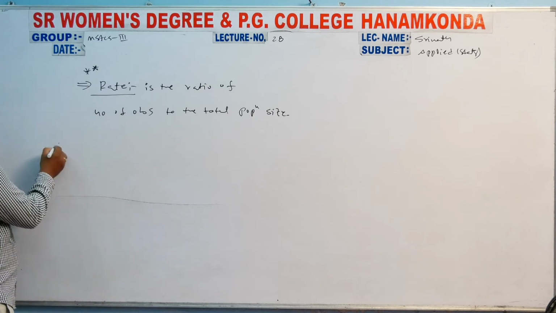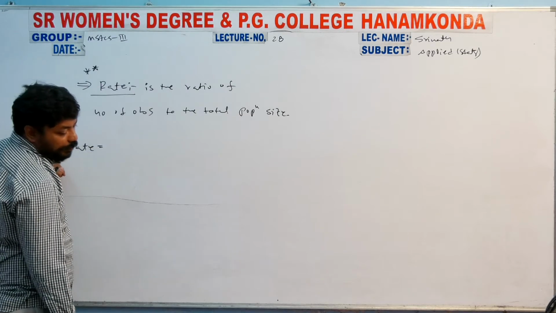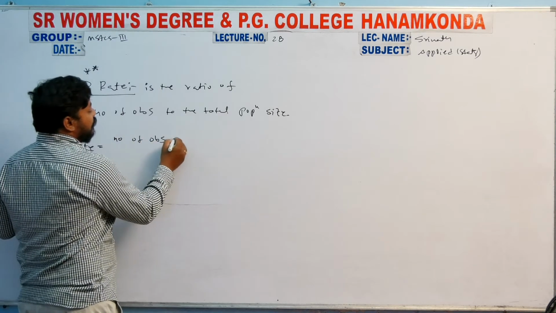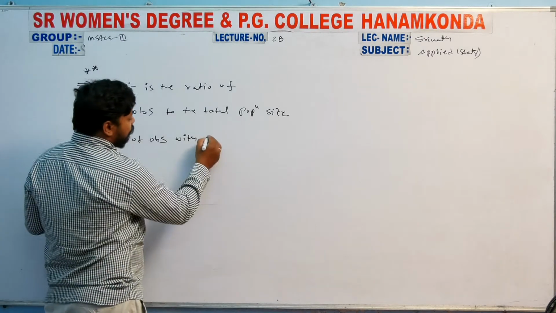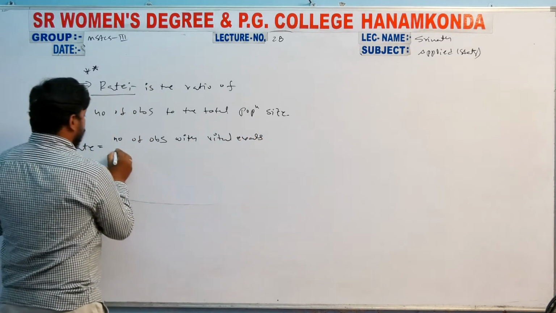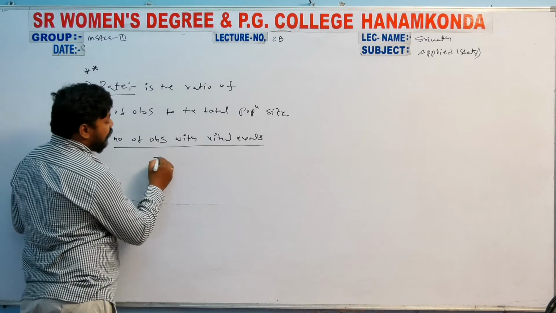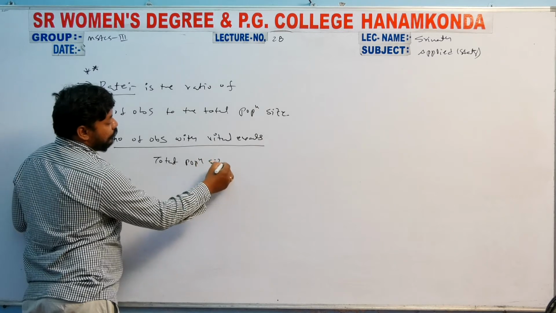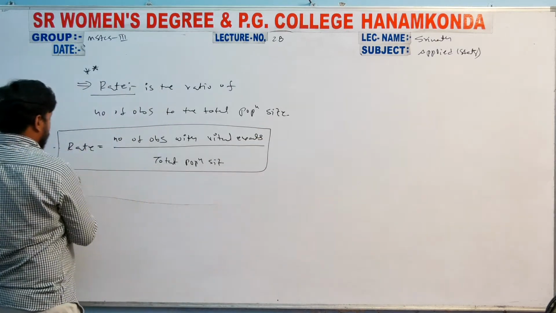So therefore, rate is equal to number of observations with vital events by total population size. This is called a rate.